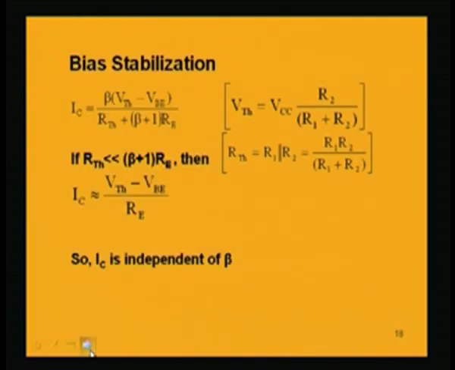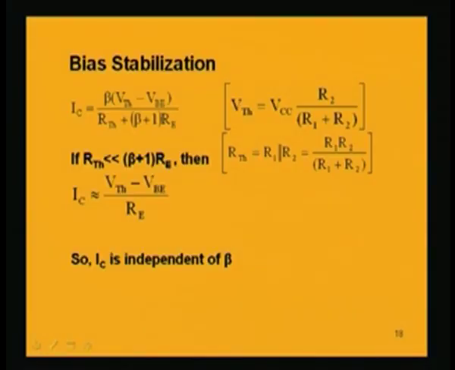Now, the bias stabilization can be done, or the IC current can be made insensitive to beta, if the denominator term, R Thevenin, that is Thevenin's equivalent resistance, can be made very small as compared to (beta plus 1) RE.